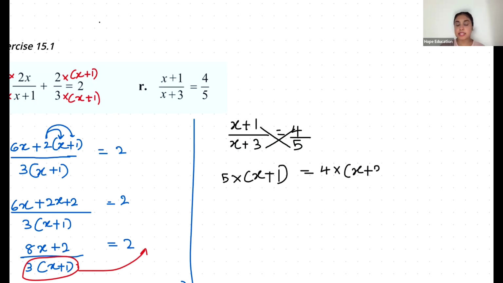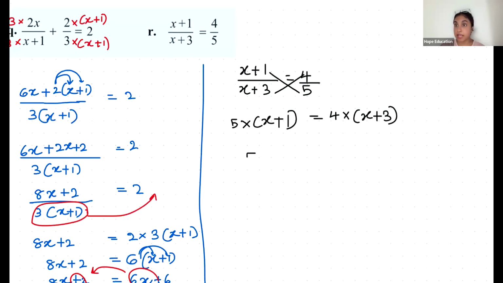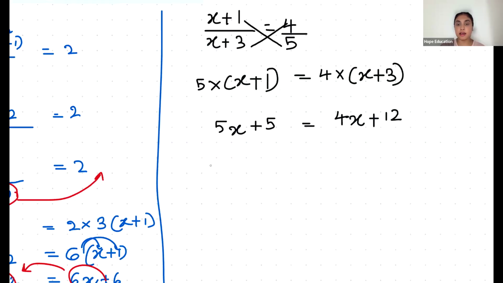Okay, so 5 times x is 5x, plus times plus is plus. 5 times 1 is 5, plus times plus is plus. 4 times x is 4x, plus times plus is plus. 4 times 3 is 12, plus times plus is plus. Okay. Then what I do is 5x I keep here. This 4x I'm bringing to the other side.